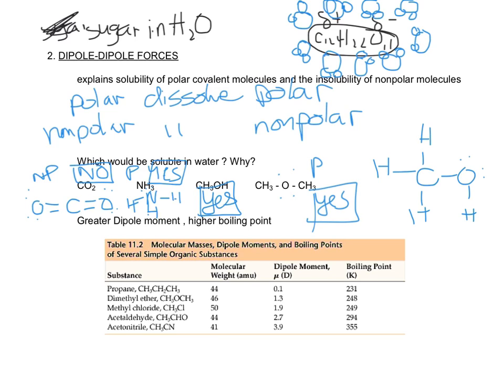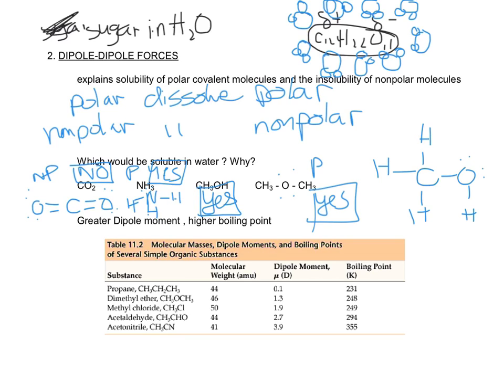So the more the attraction between the particles. And so if particles are really attracted to each other, it is harder to boil them or to get them to vaporize, turn from liquid to gas, and overcome those intermolecular forces. So it takes a higher temperature to get them to boil.